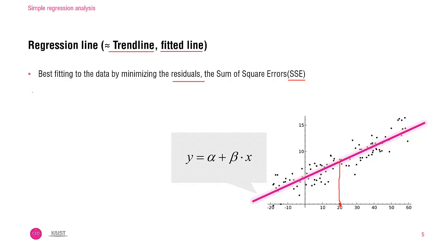As you learned many years ago, a linear function has a form of y equals a multiplied by x plus b. In statistics, the beta is more frequently used to refer to the coefficient.